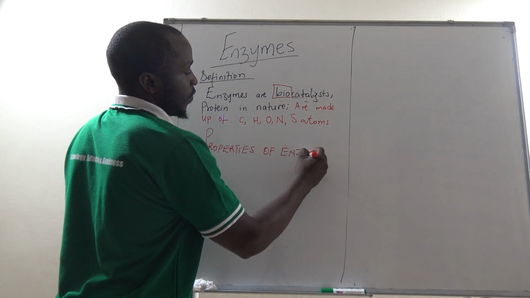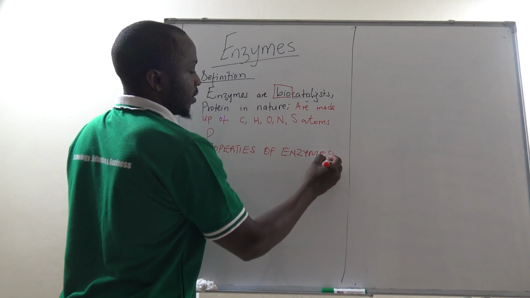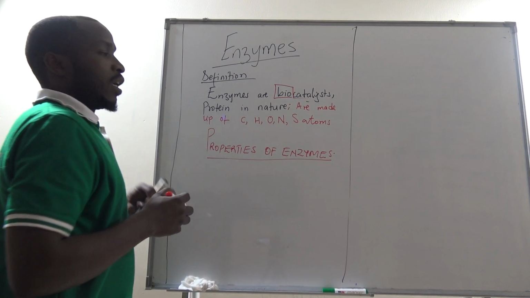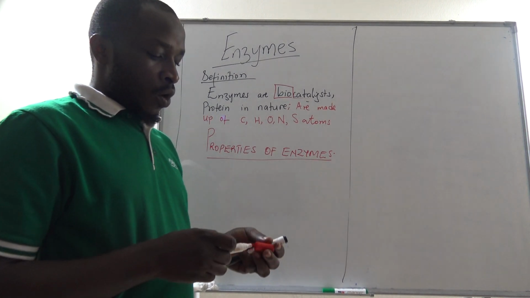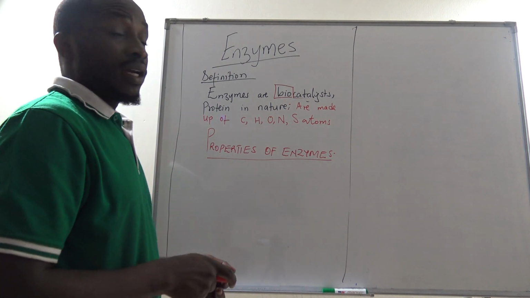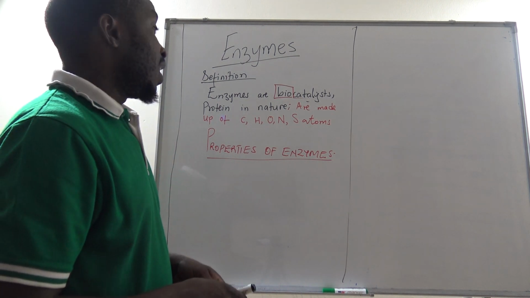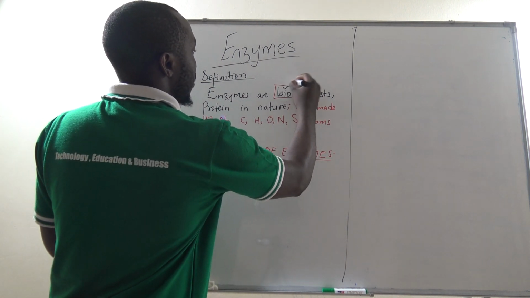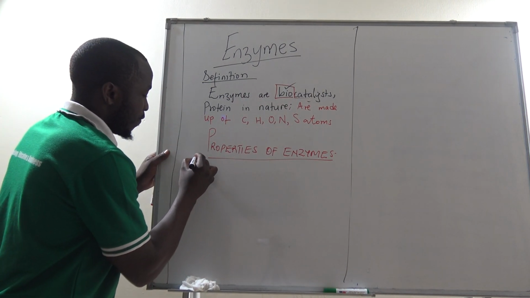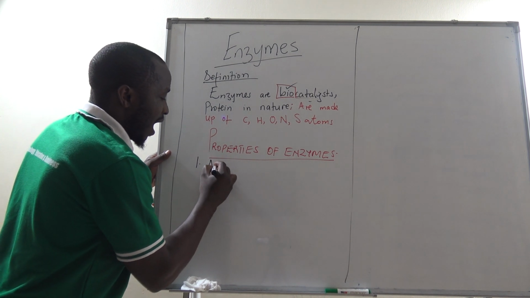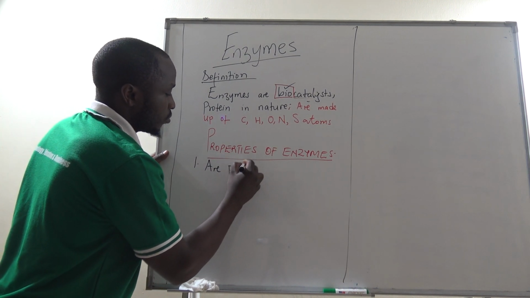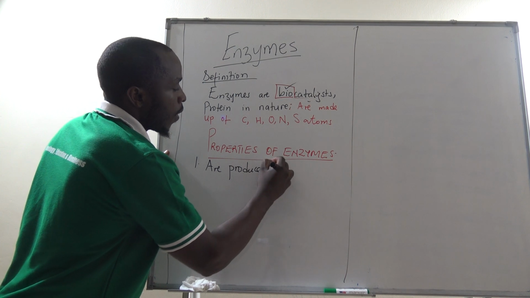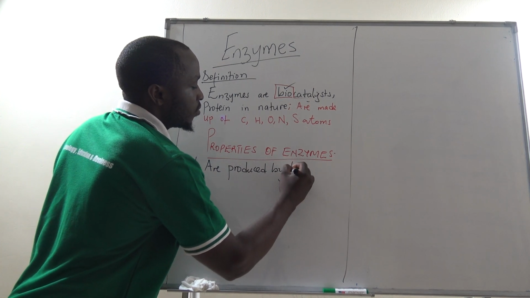Or somebody can go further and say characteristics of enzymes. We have already said some characteristics in our definition, and they still hold. The first one, which we can derive from here, is that enzymes are produced by living cells.